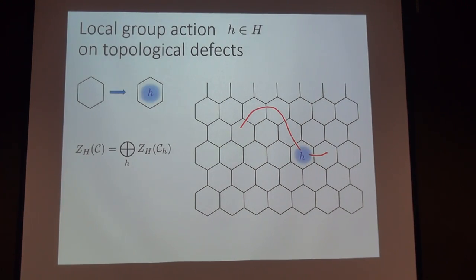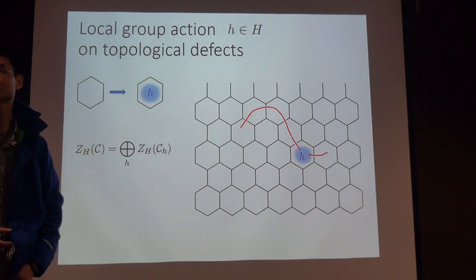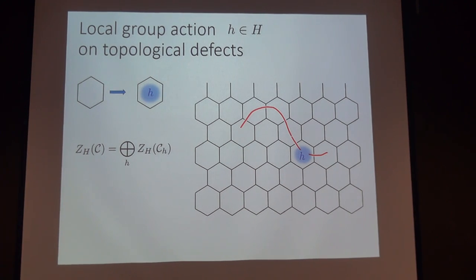Now if I put the group elements at a plaquette, and we add more degrees of freedom to the model, then this is equivalent to associating a Z2 flux to each plaquette.